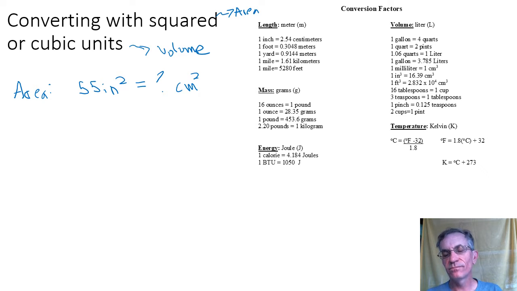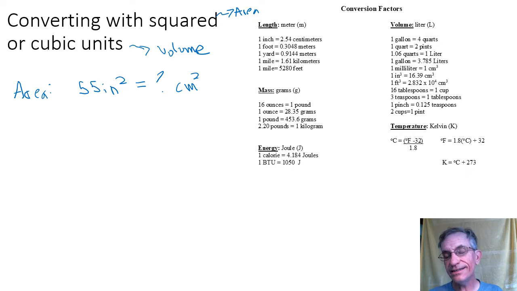Now I should tell you, if you look at this conversion chart, and I'm going to use the same one I was using in the third lecture, so if you grab it out and have it handy, that wouldn't hurt. I'm trying to show you it on the screen, but it might be a little small. If you look at that handout, you're not going to see any squared units anywhere on it. There aren't any conversion factors that involve square inches and square centimeters.